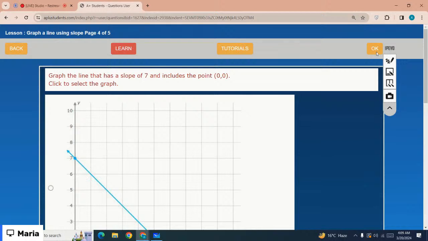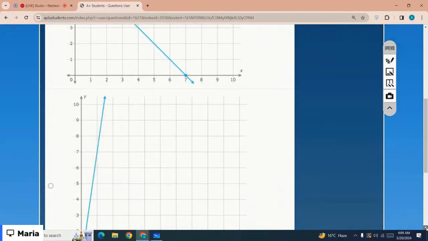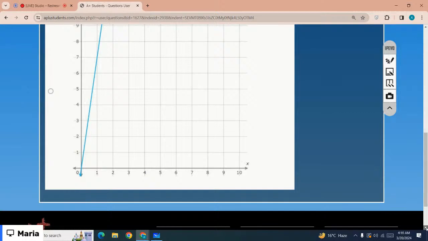Graph the line that has a slope of 7 and includes the point (0, 0). So the point (0, 0) means the line must start from the origin, right? So which is the correct option?